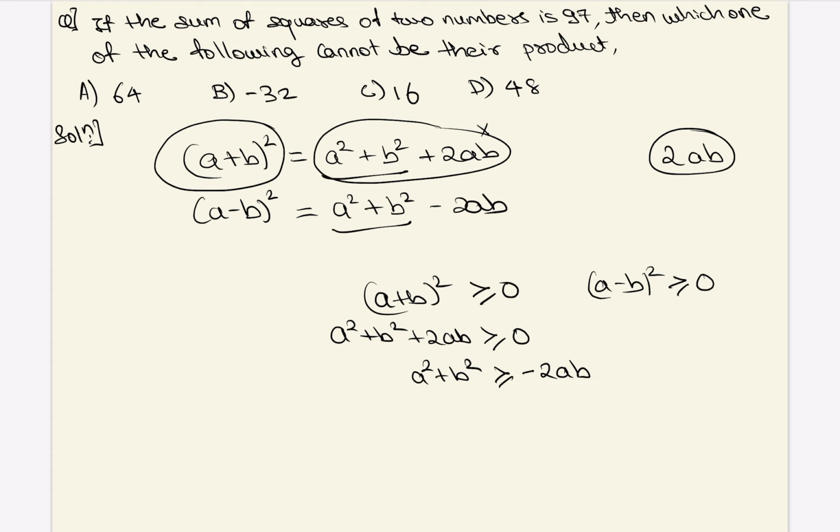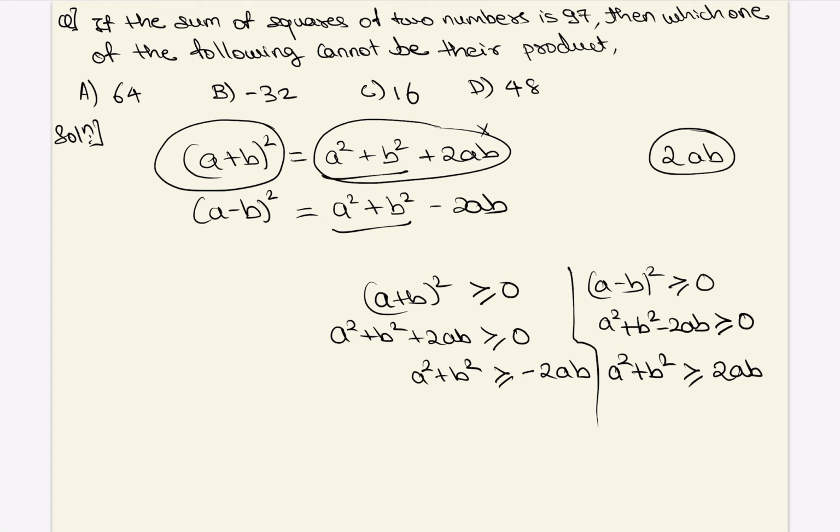The least it can be is 0 and the maximum it can be is infinity, but it cannot be negative. So a square plus b square minus 2ab is greater than or equal to 0, and a square plus b square is greater than or equal to 2ab.